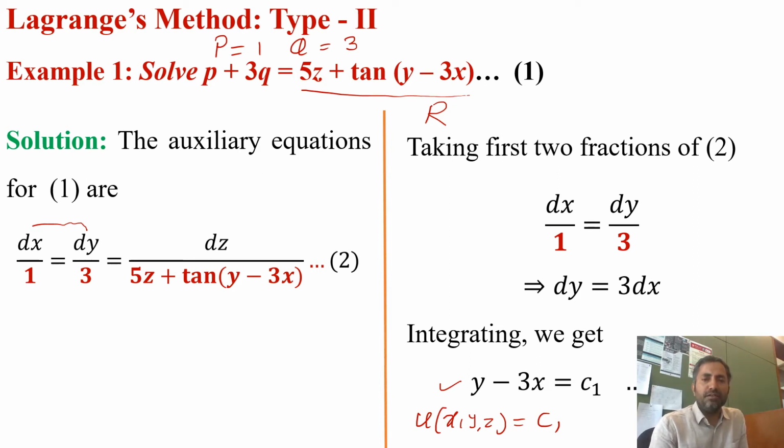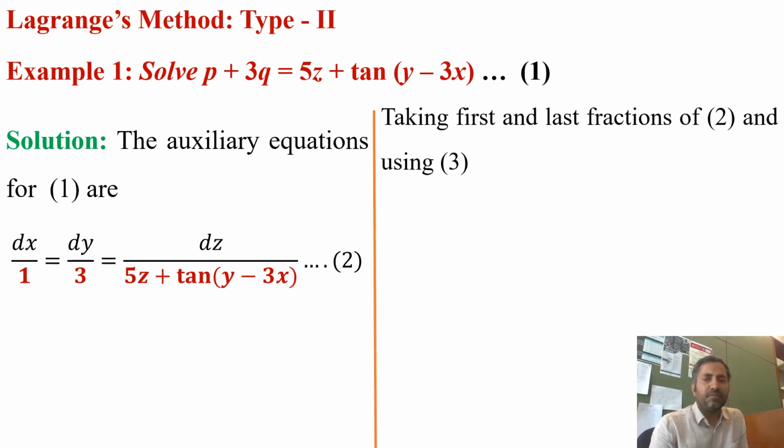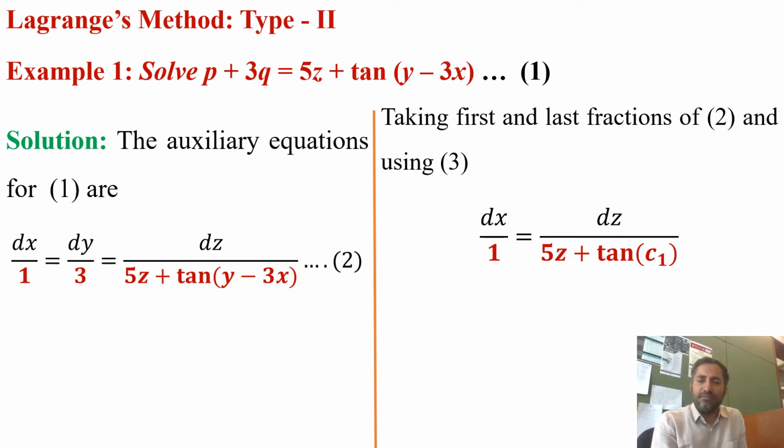Now we select the first and last fraction. You can select the second and third also, but here we have selected the first and third. So we get dx upon 1 is equal to dz upon 5z plus 10 c1.